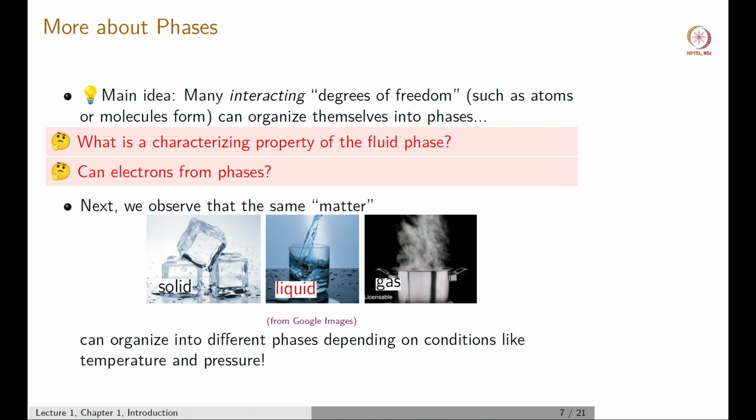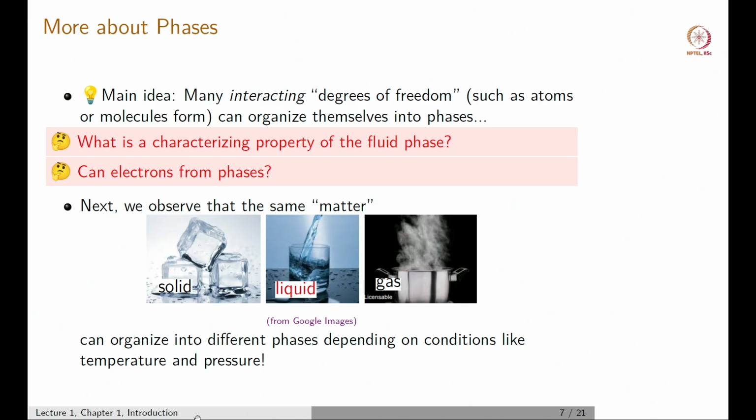If you melt ice, you will get liquid water, and if you take it to about 100 degrees centigrade, it will boil into steam. We know that these are the three phases of water. So the same constituents, depending on conditions like temperature and pressure, can organize themselves into distinct phases.